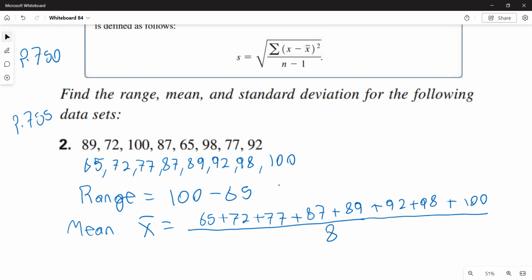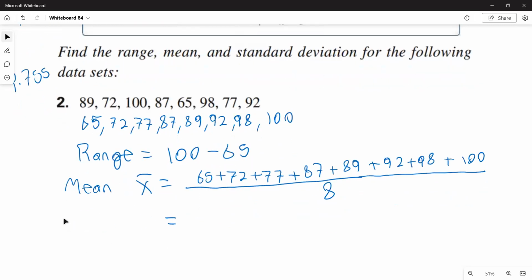All that divided by 8. Okay, so the sum is 680 over 8, or 85. Okay, and now we're going to find the standard deviation.